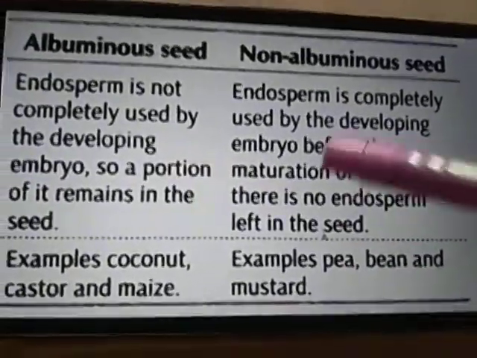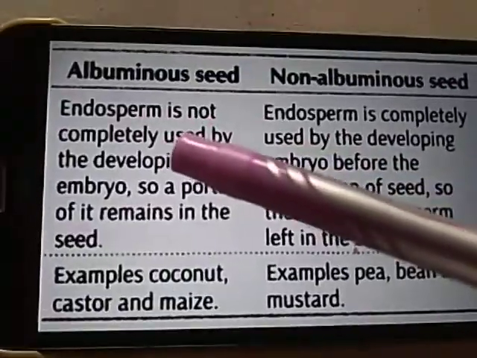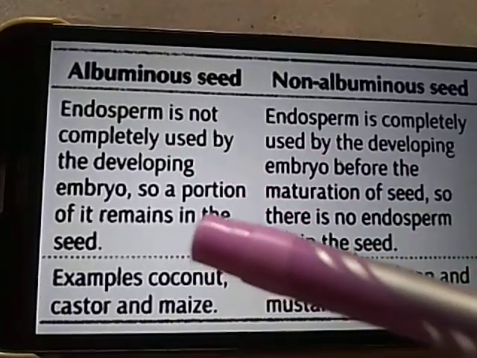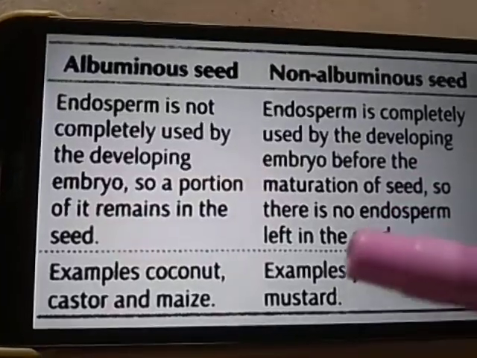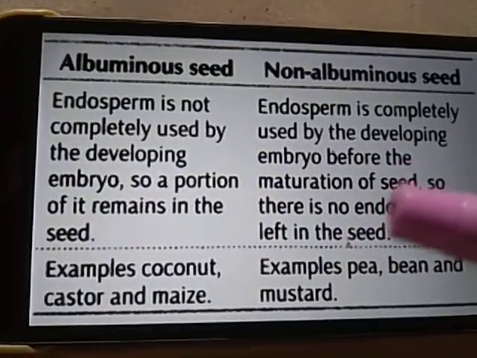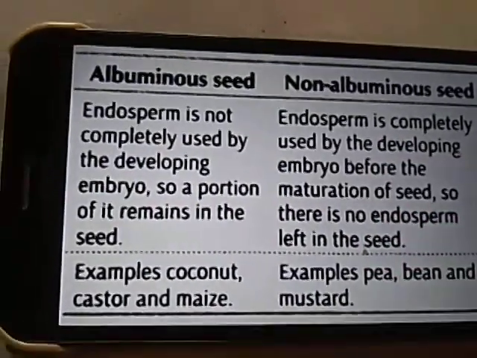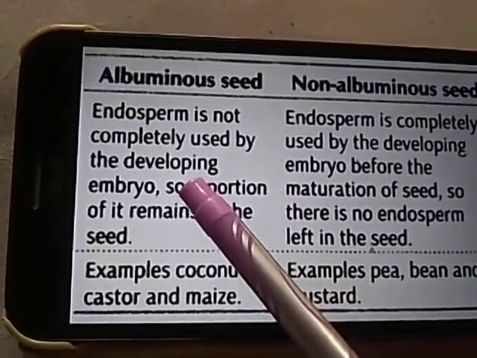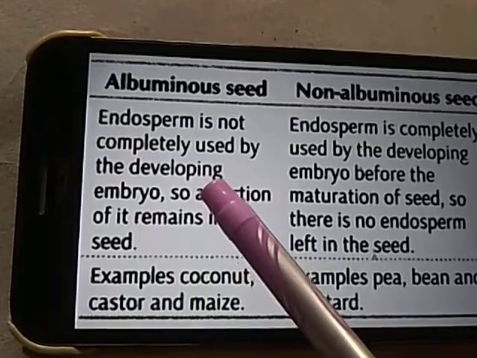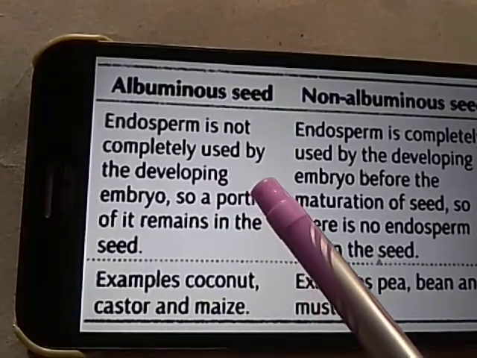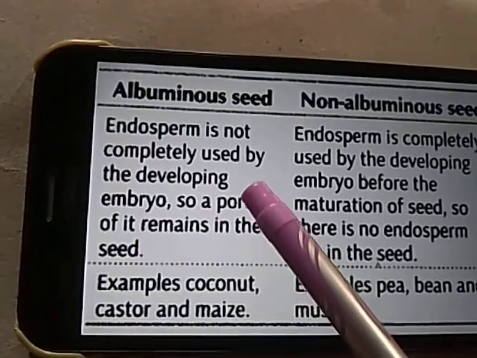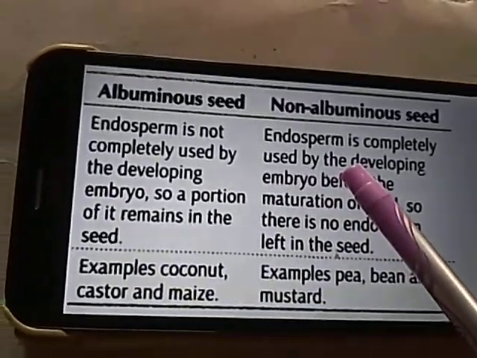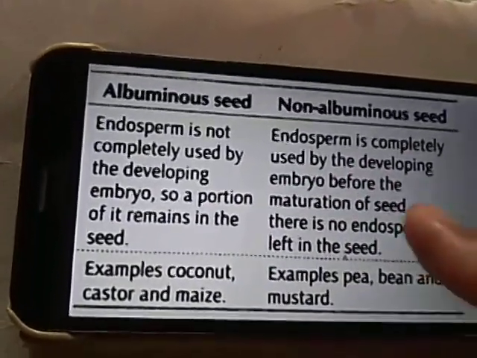So remember the examples also: in albuminous seeds the endosperm is left, but in non-albuminous seeds the endosperm is not left, and it is completely consumed. If it remains, not completely consumed by the developing embryo, that is an albuminous seed. Not consumed, albuminous; completely consumed, non-albuminous. So two categories of seeds are there.